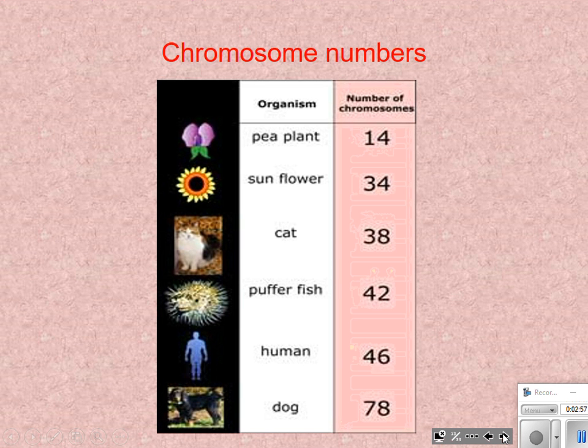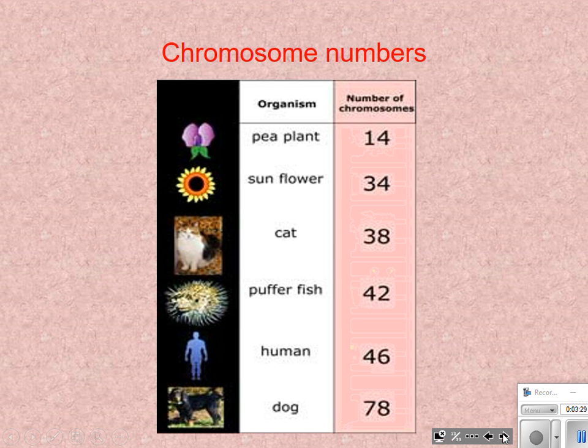A sunflower will have 34. A cat has 38 chromosomes. A pufferfish, 42. We stated ours at 46. A dog at 78. Now, are those numbers diploid or haploid? Are those the diploid numbers or the haploid numbers?